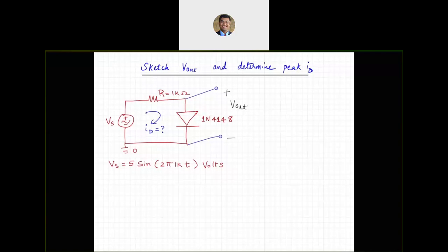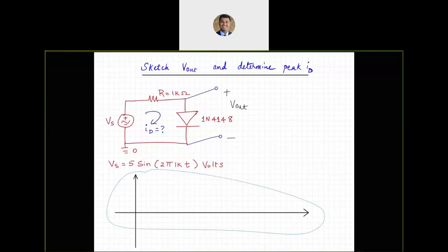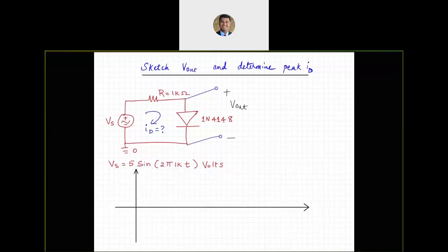So I'll start first with an axis, and I'm going to try my best here to draw a rough sketch of a sinusoid.